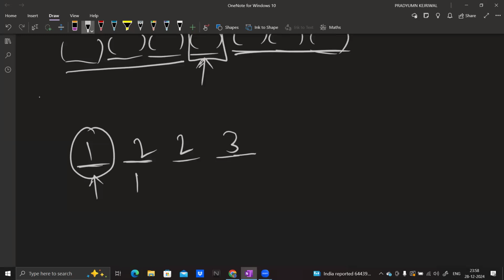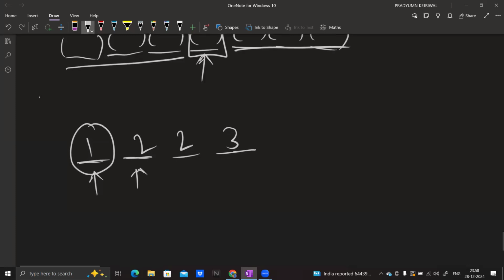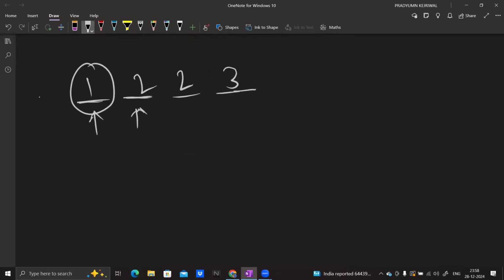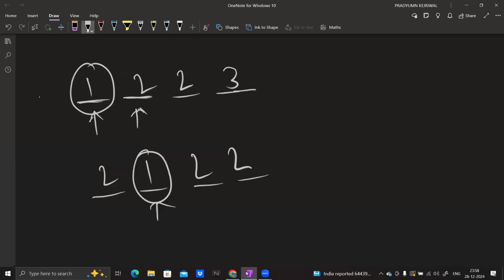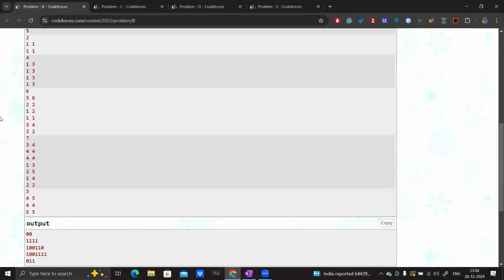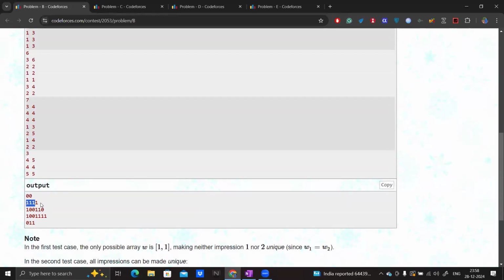Then similarly for this element, in this array it is not unique, but we can make an array in which it is unique. Let's say we make 2, 1, 2, 2. In this array, this element is unique, right? So that's why the answer for this element as well is yes. We have to print yes or no for each element, or basically 1 or 0 for each element, so we print a binary string of length n.